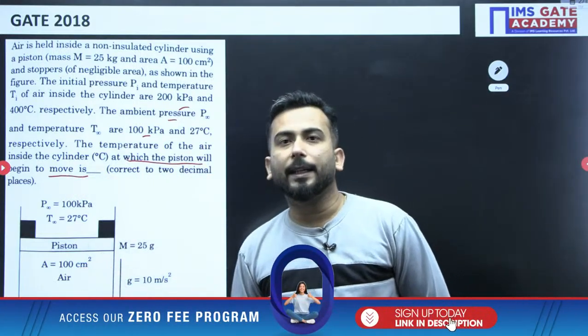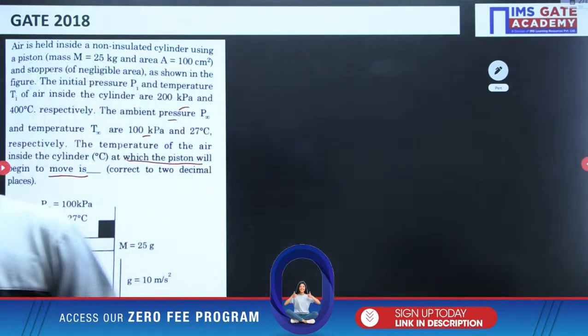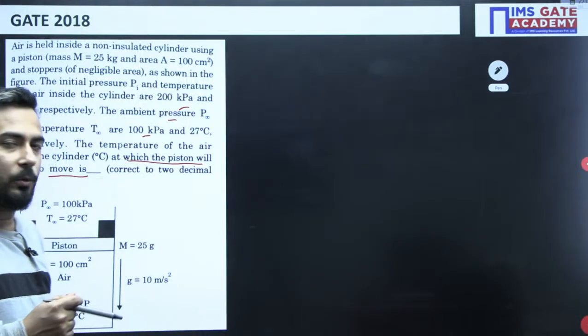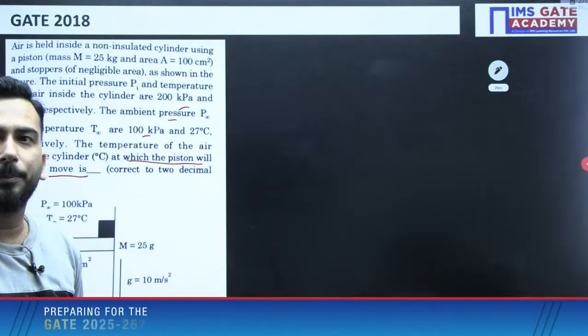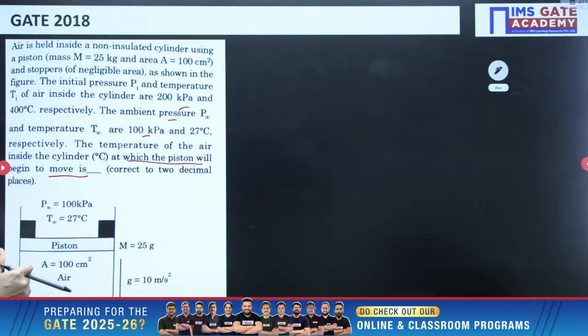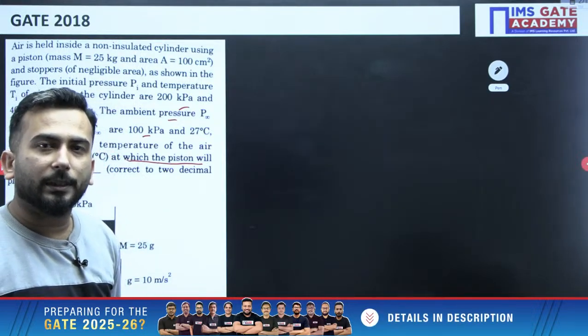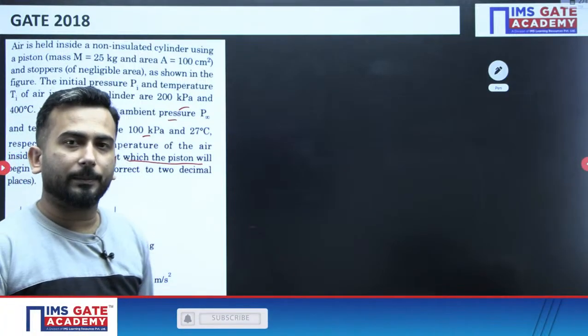So this is the scenario which is given to you. My dear friends, see one thing, one approach I am telling you that will work out in piston cylinder questions and will help you a lot. You need to determine what is the actual process that is going on at any time inside the cylinder.